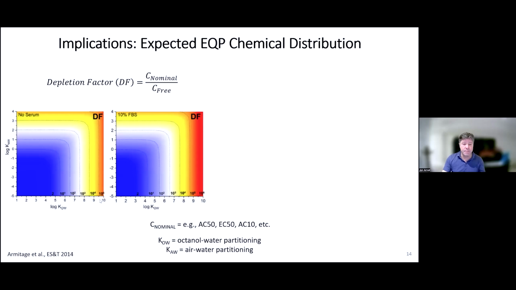All right, so this is just meant to show that in chemical space, chemical properties span large orders of magnitude, and their partitioning properties for octanol-water, air-water, and things like this. And as we move from the blue zone, where the nominal concentration is approximately equal to the C-free, we move into conditions where the dissolved concentration may be several orders of magnitude lower than the administered nominal concentration.